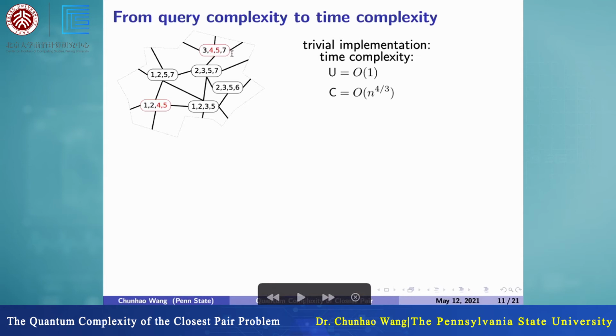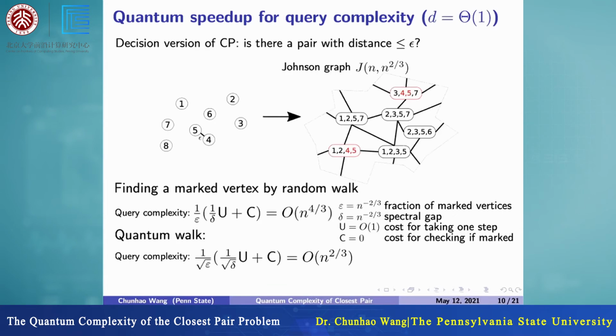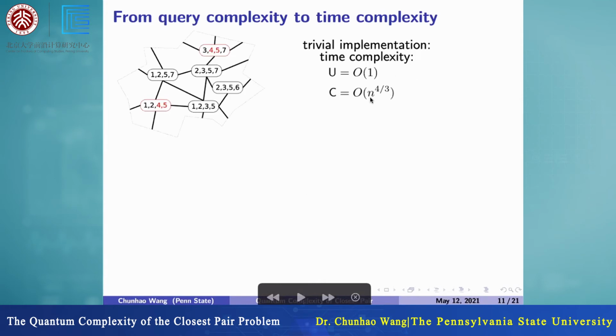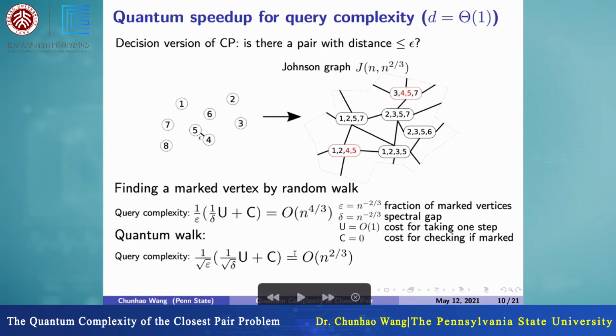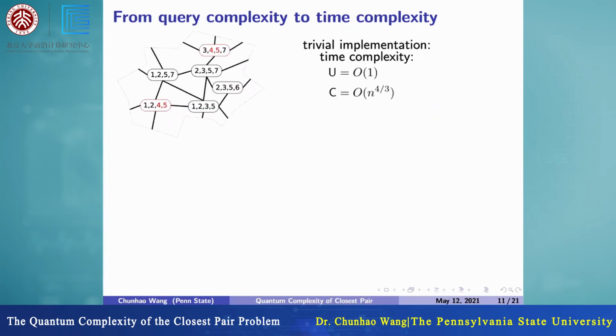Because each vertex contains n to the 2/3 points, checking each pair costs n to the 4/3. So if you plug these numbers back into the formula, the time complexity will blow up. So this implementation is certainly not good.